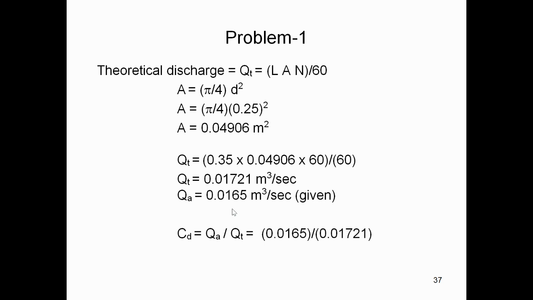Qa is 0.0165 and Qt is 0.01721. Substituting these values in the formula Qa by Qt, we get Cd is equal to 0.96.